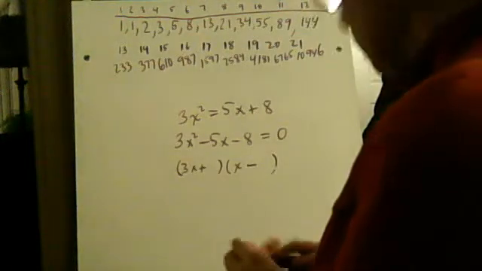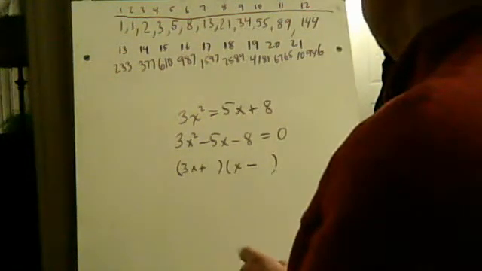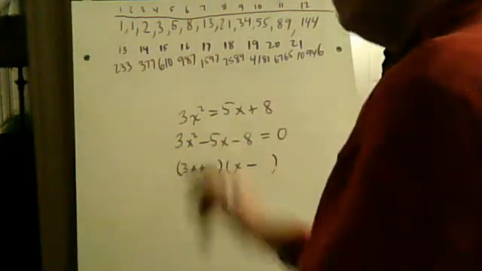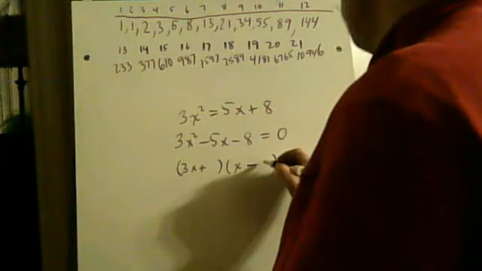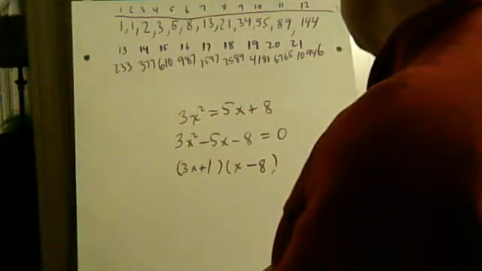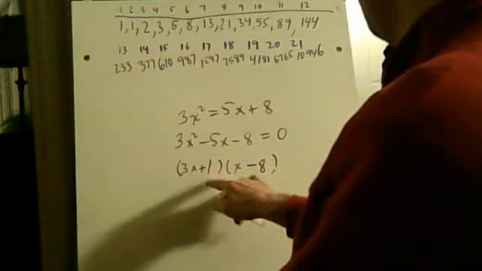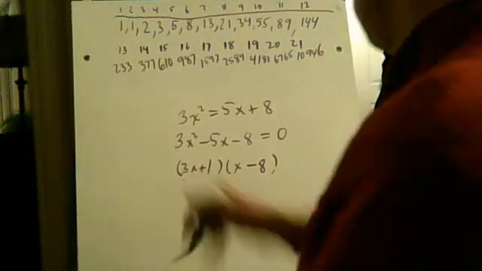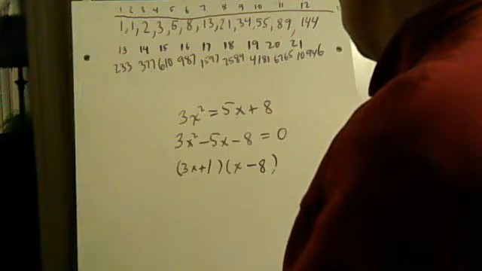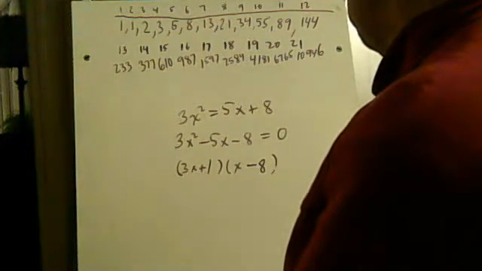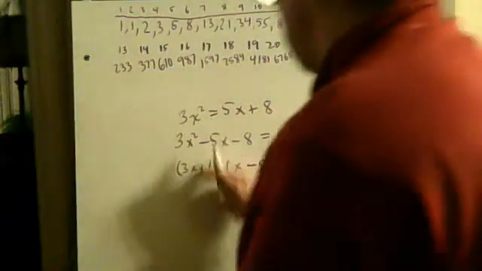Okay, so let's go right to the 8 times. Oh, hold on, wait. Also, I can do 8 and 1. So maybe if this was like this, 8 and 1, this might do it. You get the 3x squared, you get the negative 8. Now here's the cross term. No, you want the 8 on here.